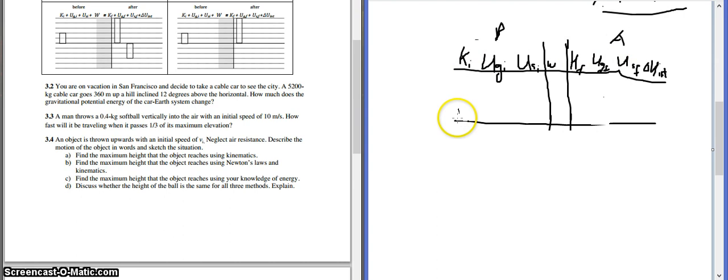So the only energy the ball will have is kinetic energy, initial kinetic energy. And since the Earth is in the system, there's potential gravitational energy.